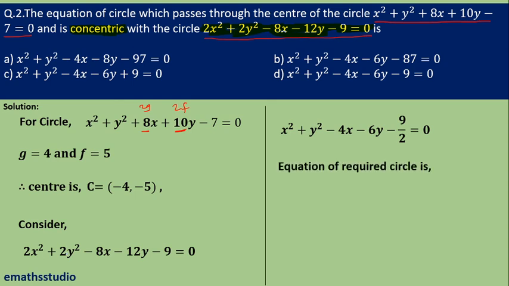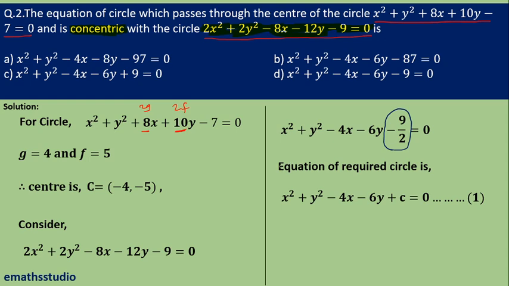So I can write the equation of the required circle as, now only the constant I have changed. This constant I don't know, but all other terms are the same. x square plus y square minus 4x minus 6y plus c is 0. So this is the equation of the required circle, and now in this equation only c is unknown.